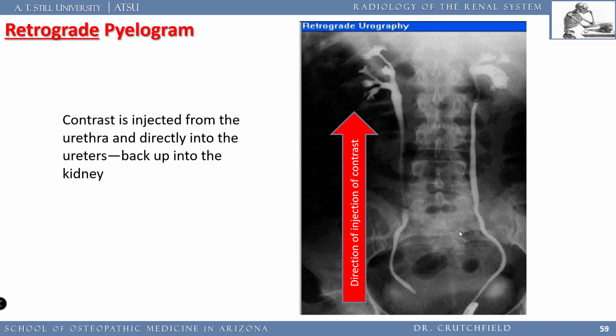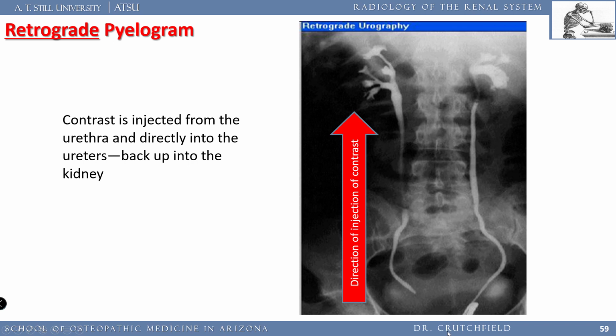Okay. Here's what's called a retrograde pyelogram. Why would I do this? Trauma patients sometimes, or we think that there's a blockage proximally and the CAT scan won't show it to me, or there is not good blood flow to the kidneys or whatever, but I need to get a picture of the collecting system, and I'm going to do it backwards.